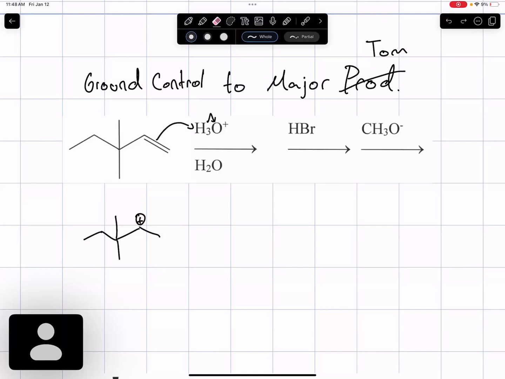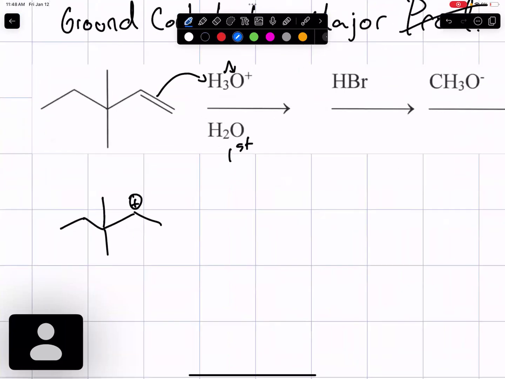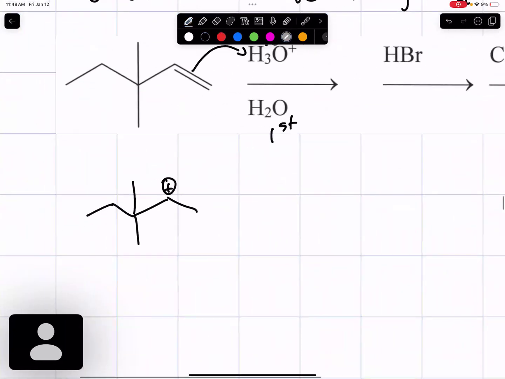This first step. Proton transfer? Yes, mechanistically, this would be a proton transfer, but is this SN1, SN2, E1, E2? There's two steps. So is this SN1 or SN2? SN1. SN1, correct.